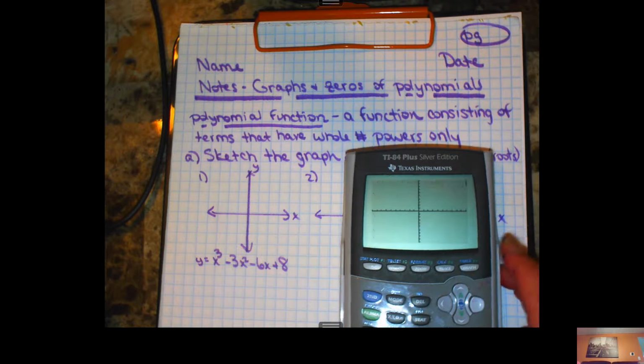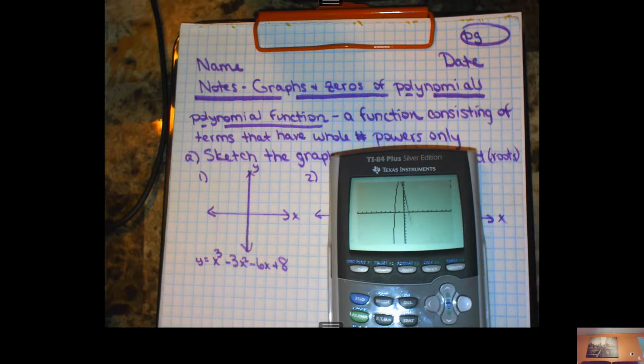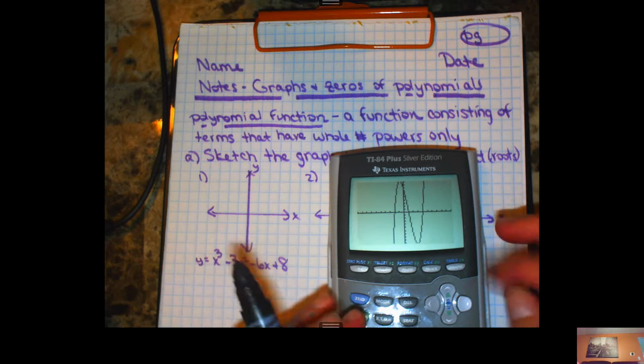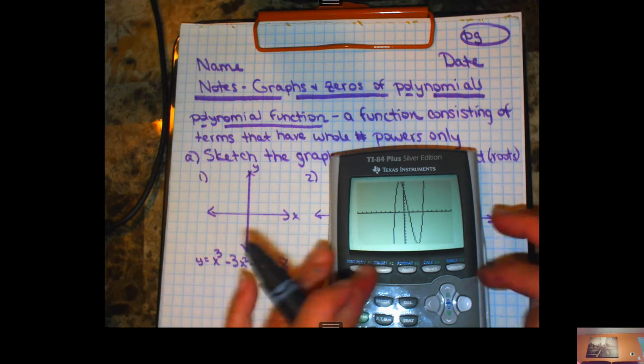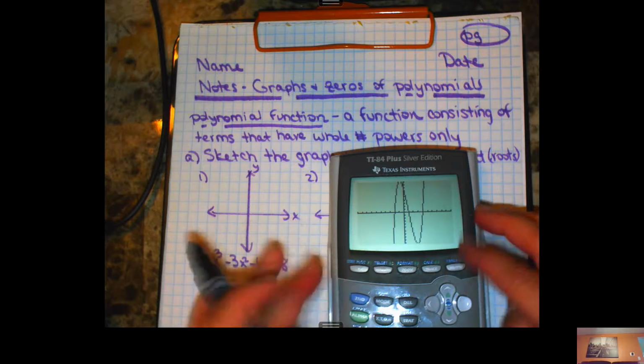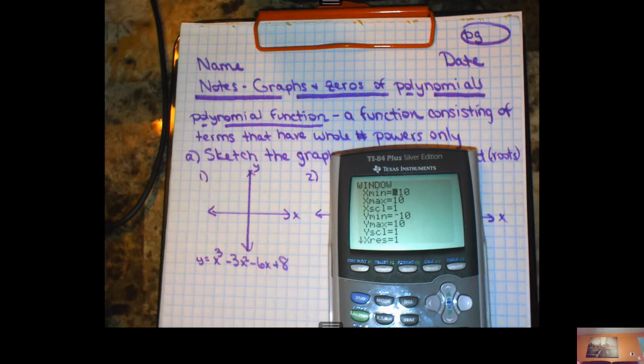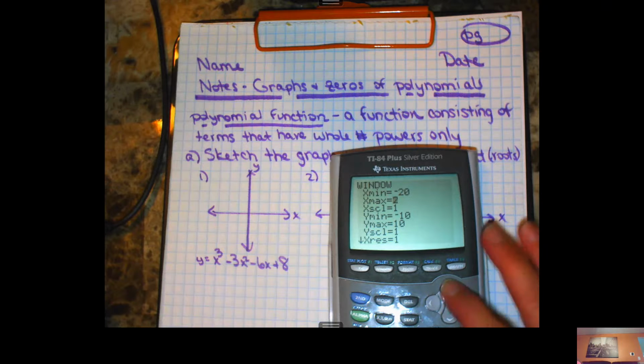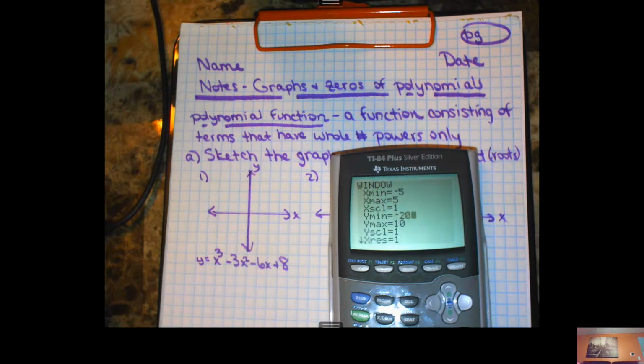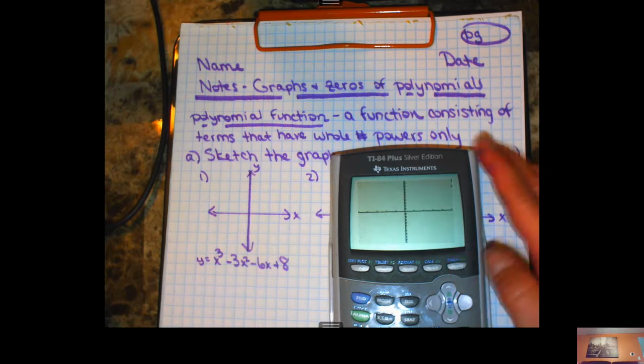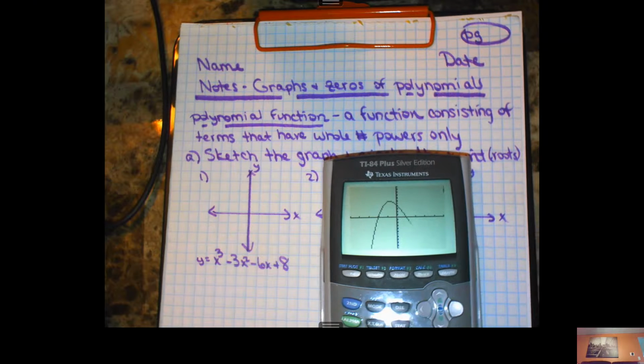So if I hit my graph, I'm going to adjust this a little bit. I'm going to change this to negative 20 to 20. Okay. So I'm going to have my graph look like this, so we can see pretty much everything clear.